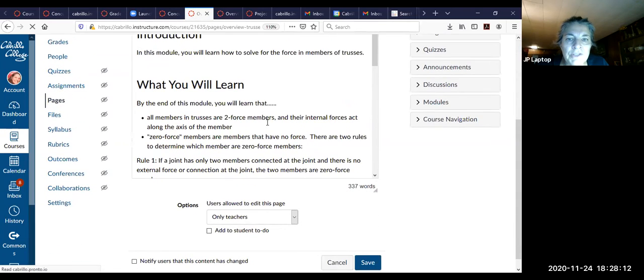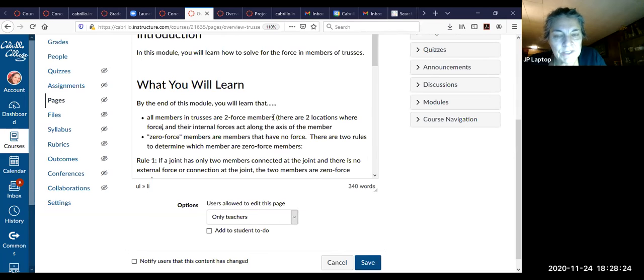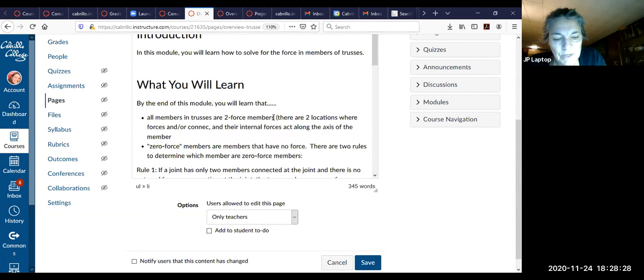All members in a truss are two force members, which means there are two locations where forces and/or connections are located. So it has to do with the number of locations, not the number of forces.